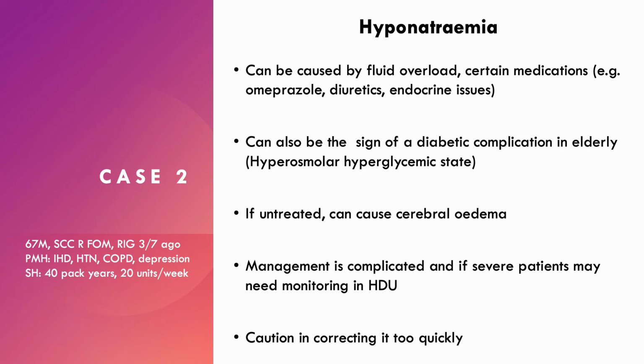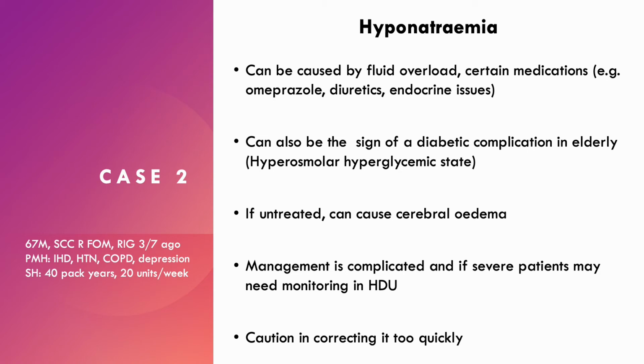In diabetic patients, you can get a disease called hyperosmolar hyperglycemic state, and this is where they have too much water moving into the extracellular area because of a raised glucose. If it's untreated, it can cause cerebral edema, and that can lead to herniation of the brain, which is obviously a devastating complication.